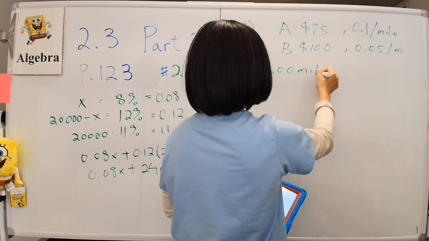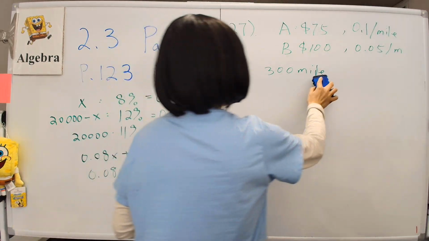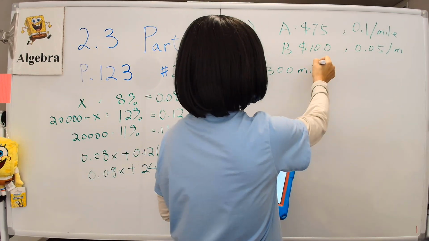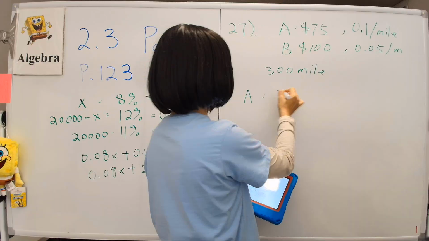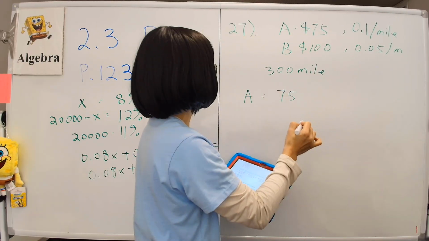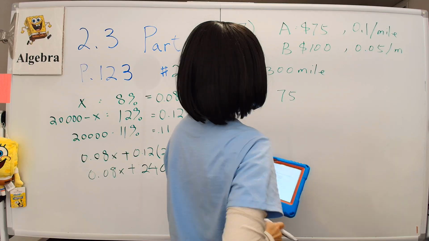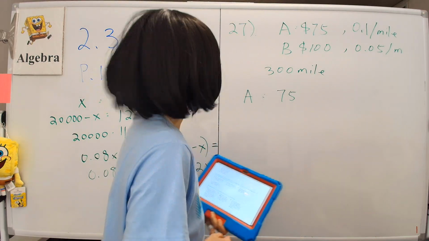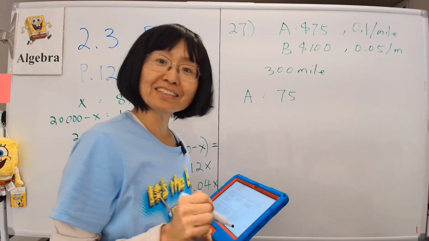Now we will calculate each plan to see how much it costs to travel 300 miles, one plan at a time. For plan A, to go 300 miles, it will cost us the $75 base price, plus... Well, I don't know where the X fits in here, but it doesn't matter. We'll just figure out the numbers for Tim.